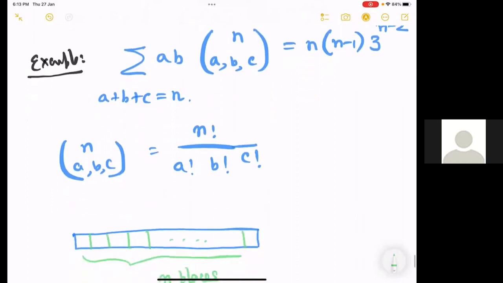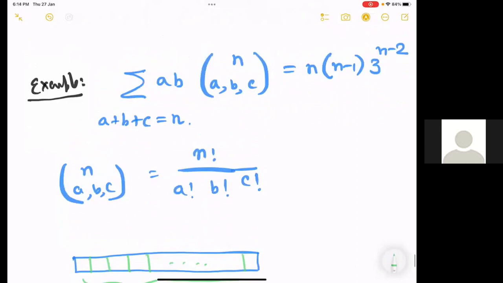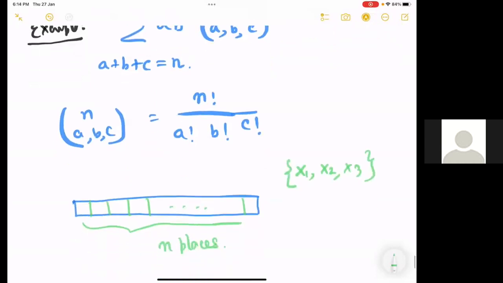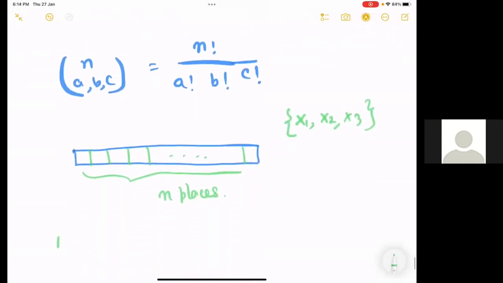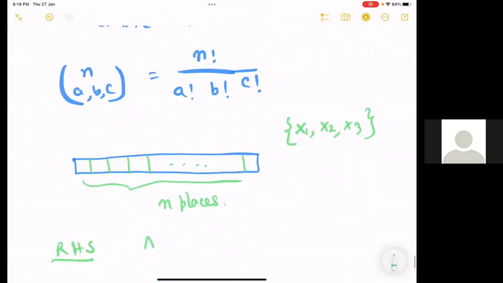Okay, so I think most of you are correct. So I will just make it more systematic. Let's say you have 3 symbols, x1, x2, x3, and look at the RHS. These are the n places, right?